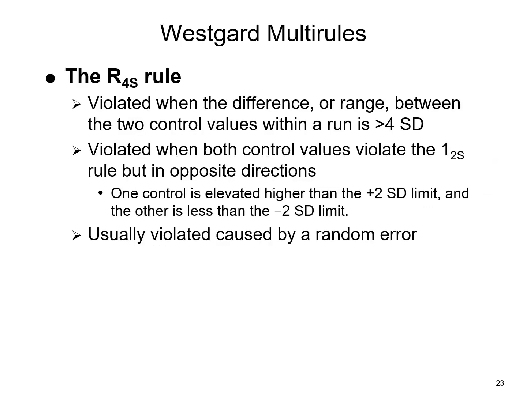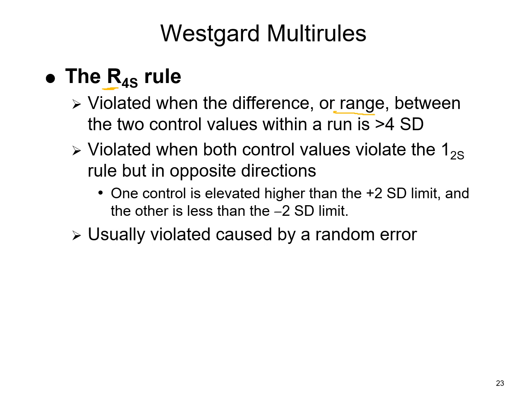So here we have an R. So R actually stands for range, which means that we have a range of 4 standard deviations. So when the difference or the range is between two controls within a run, so you ran them both at the same time frame.